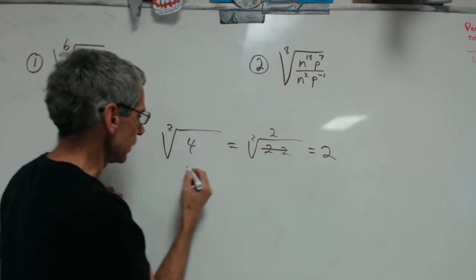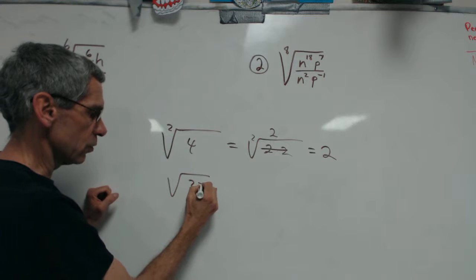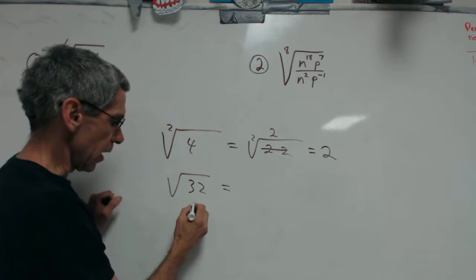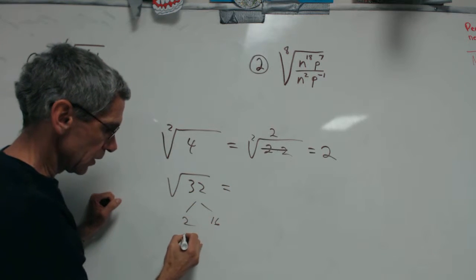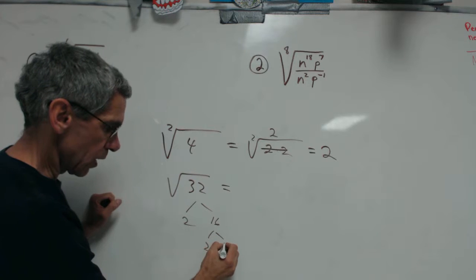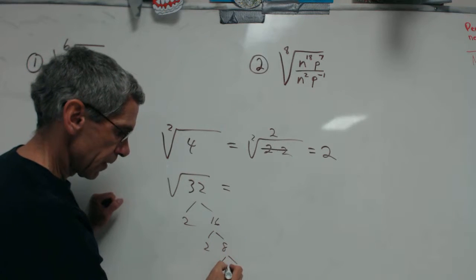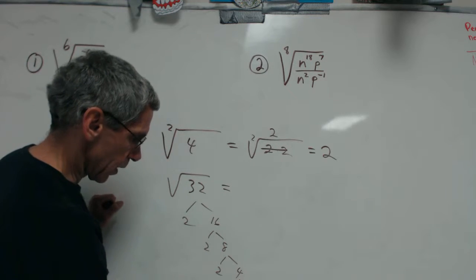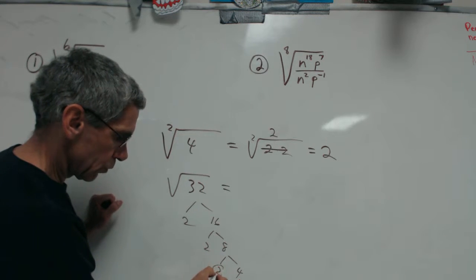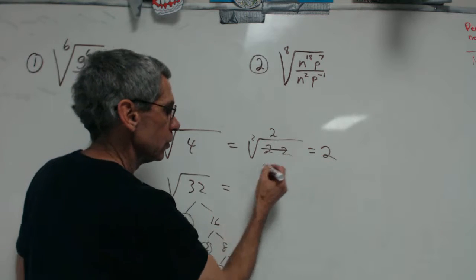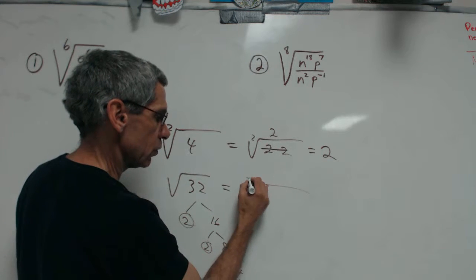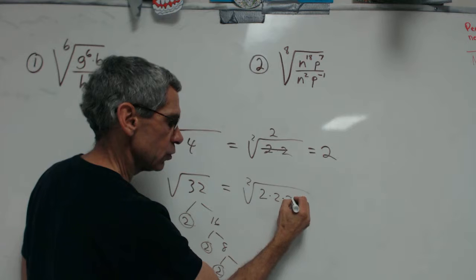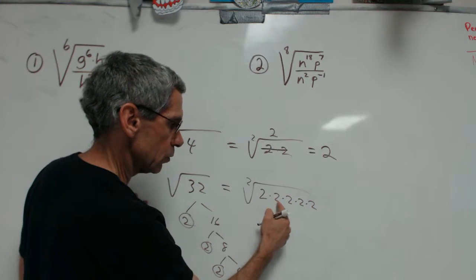So whenever I have 2's, let's do this, the square root of 32. That is the same as 2 times 16, 2 times 8, 2 times 4, 2 times 2, right? So boom, 2, 3, 4, 5 2's. So that's the same as the square root of 2 times 2 times 2 times 2 times 2, 1, 2, 3, 4, 5.